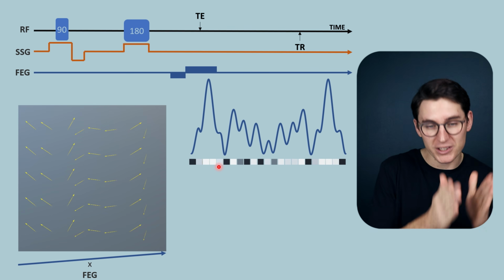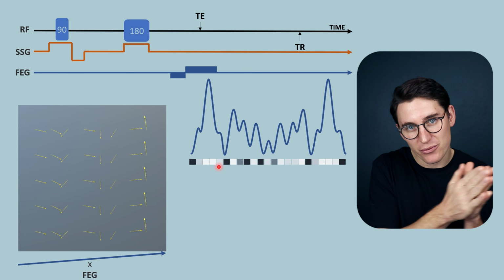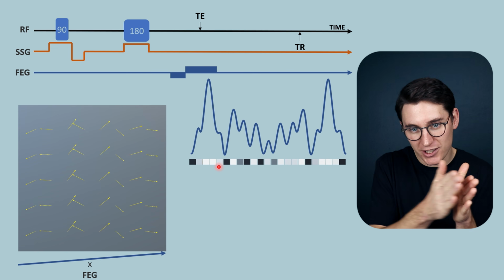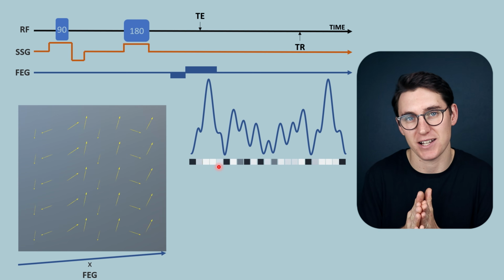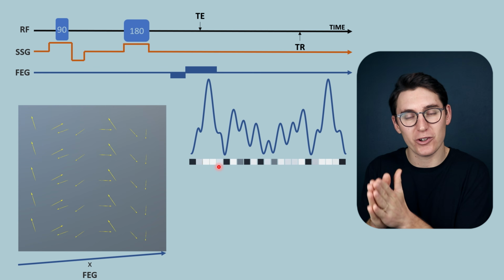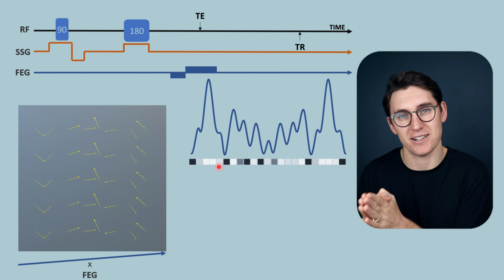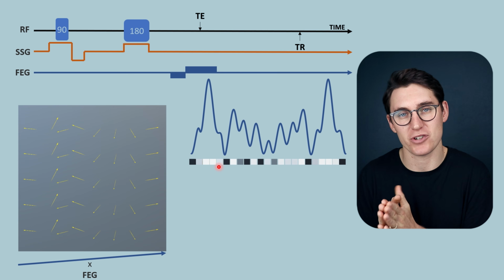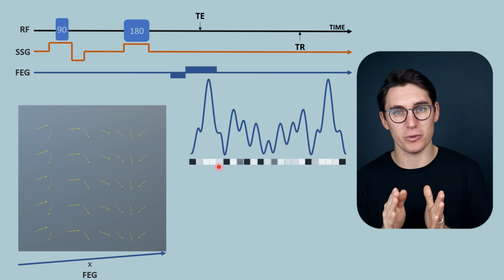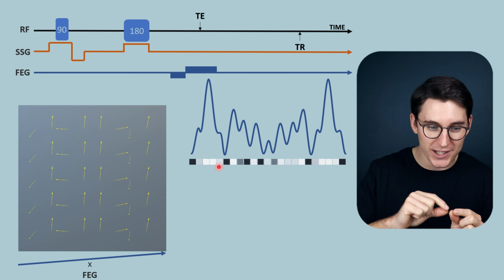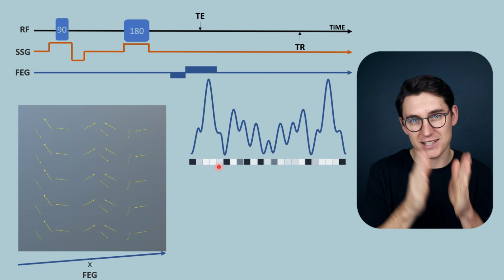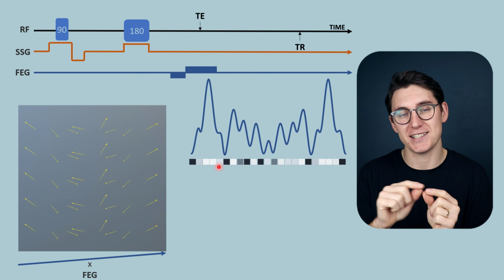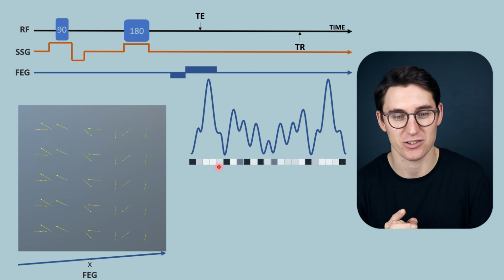The first variable is frequency. We can see that the frequency changes depending on where we are along the x-axis of that slice. The frequency will increase as we move from left to right in our image. That's one variable that we're trying to calculate. The second variable that we're trying to calculate is the net magnetization vector, or the amplitude of those net magnetization vectors that we are accumulating to give us our total net magnetization vector.